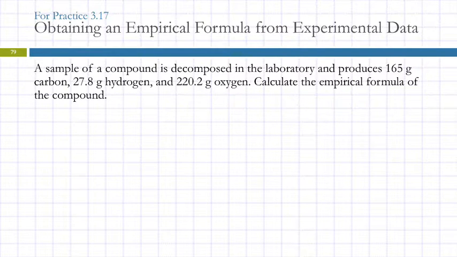So let's do an example. A sample of a compound is decomposed in the laboratory and produces 165 grams of carbon, 27.8 grams of hydrogen, and 220.2 grams of oxygen. Calculate the empirical formula of the compound. So we start with masses of each element. Well, they're given to us in this problem.